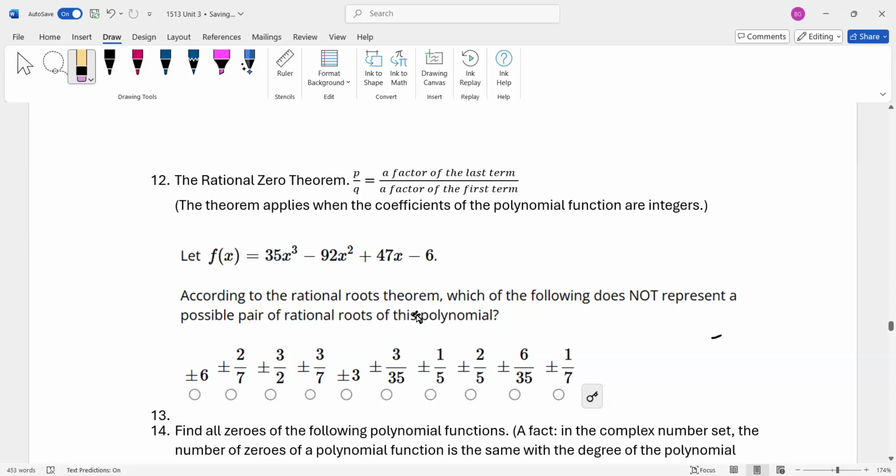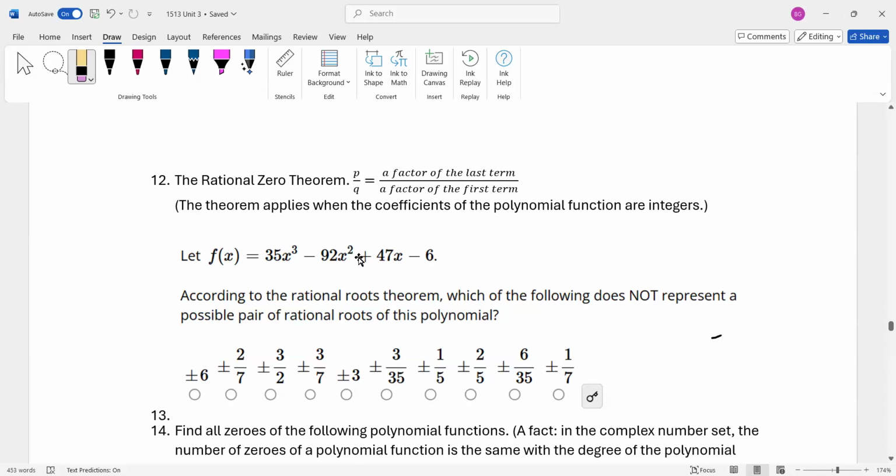We have a theorem that could help us to find the zeros of a polynomial function. The name of the theorem is called the rational zero theorem. As the name shows, this theorem helps us to find the potential rational zeros for a polynomial function.